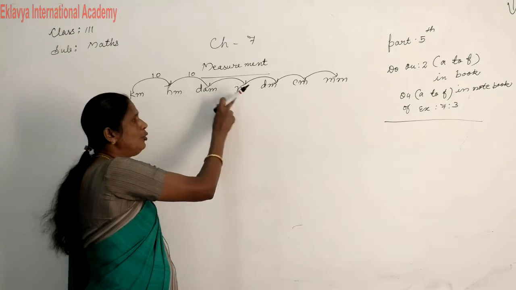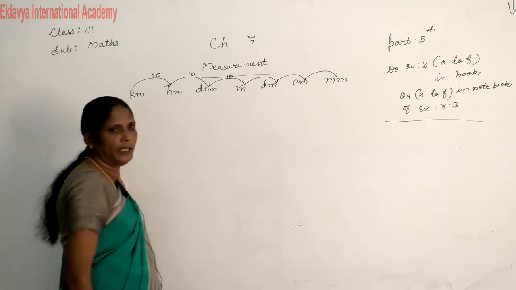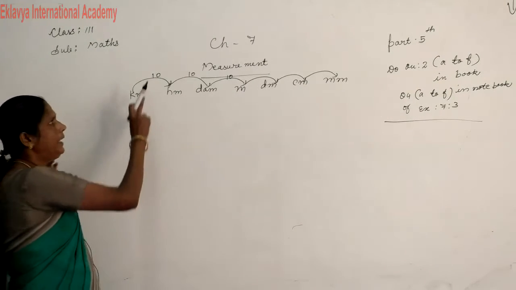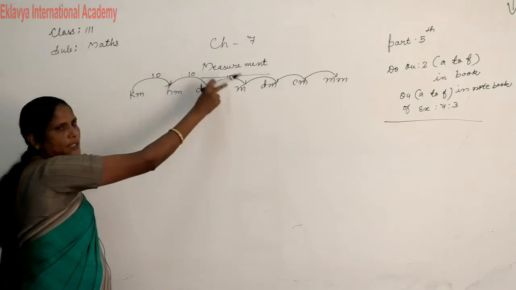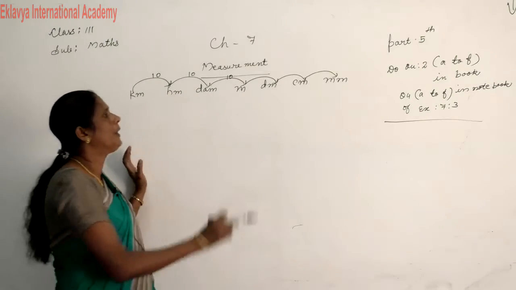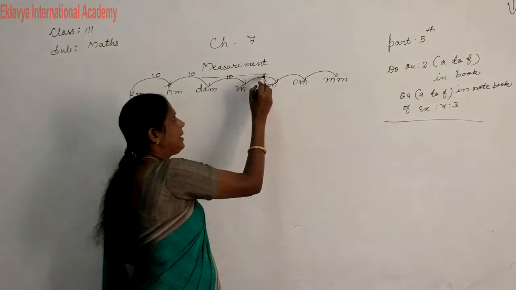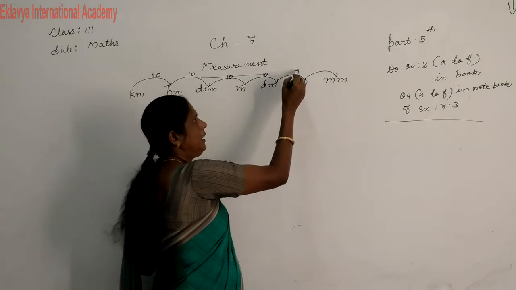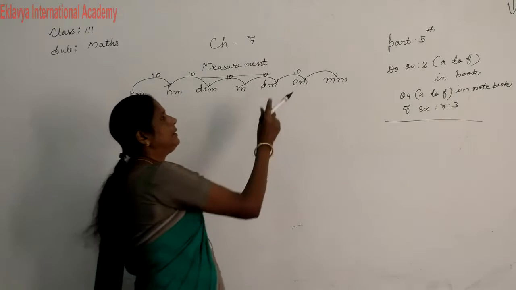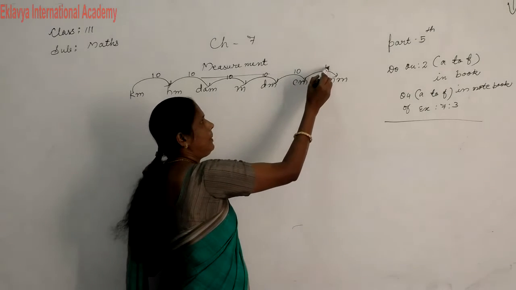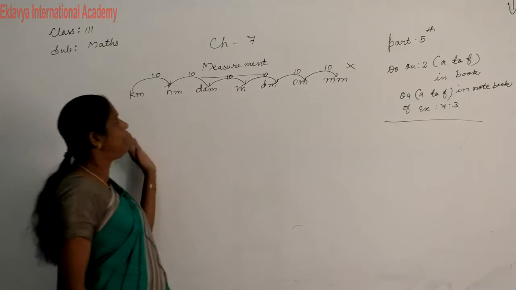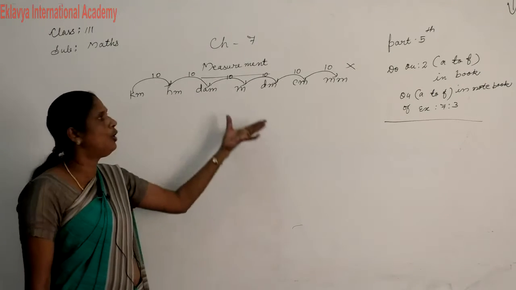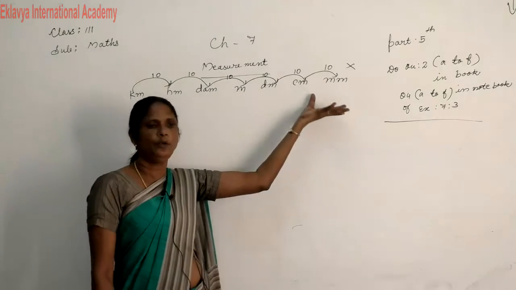Decameter to meter, we multiply by 10. So kilometer to meter, we multiply by 10, 100, 1000. Meter to decimeter, we multiply by 10. Decimeter to centimeter, again by 10. Centimeter to millimeter, by 10. Bigger to smaller, we multiply according to the distance of your unit.